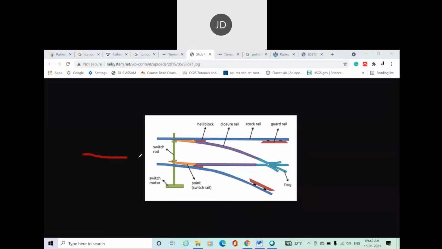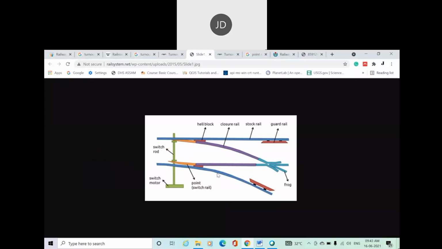Considering the direction of movement from left to right, suppose the train is moving in this direction. There are two options: the train can move straight, or move in this right turnout. That can be decided by this section, which is known as the turnout.